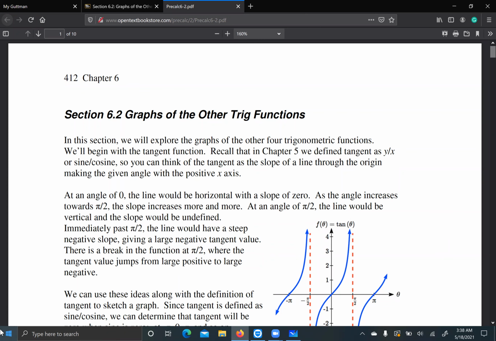Let's start with tangent. Maybe I start with some values. So we are going to look at the graph of the tangent function.